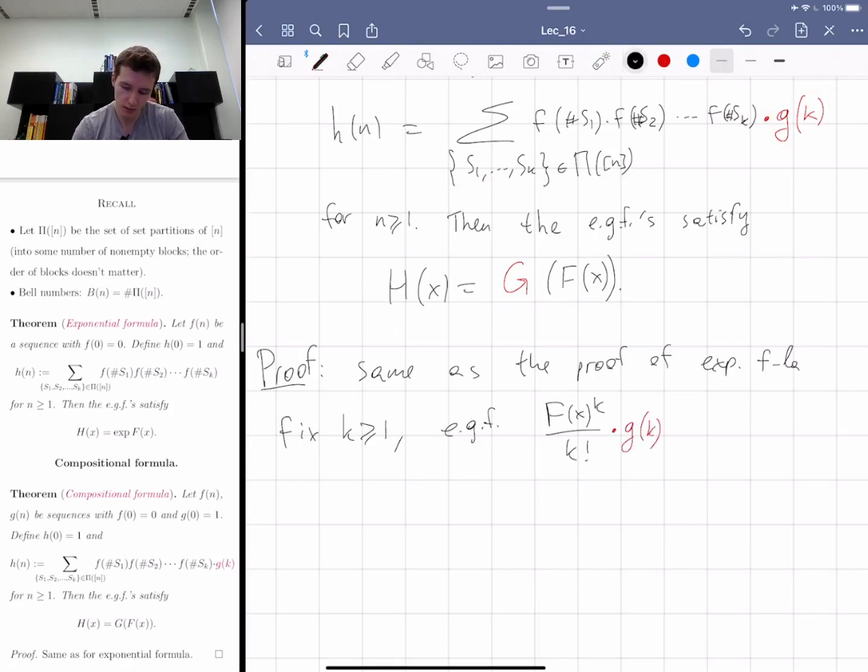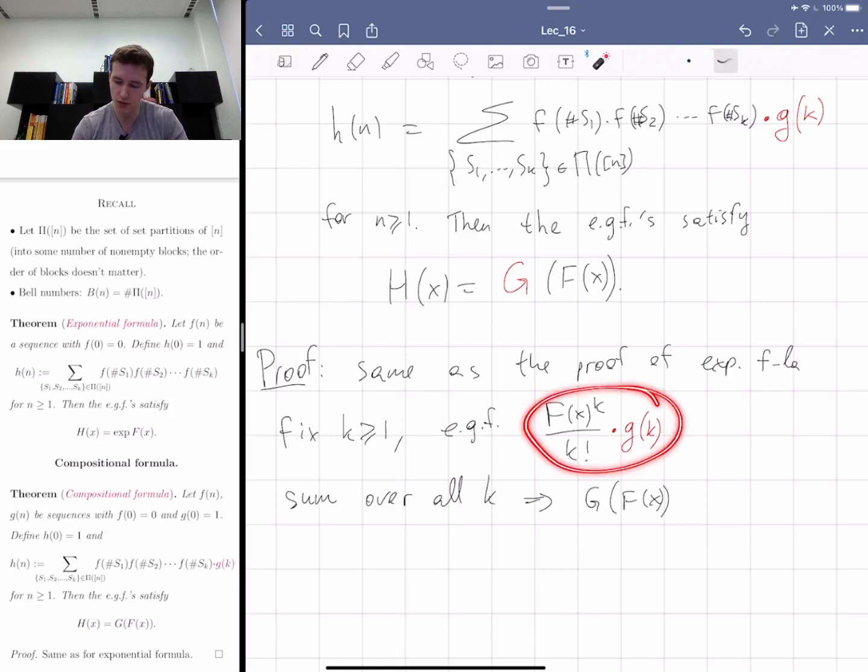And then you sum over all k, and you get, just by definition, g of f of x. It's just by definition the sum of all these things where k runs from 0 to infinity. This is equal to h of x.